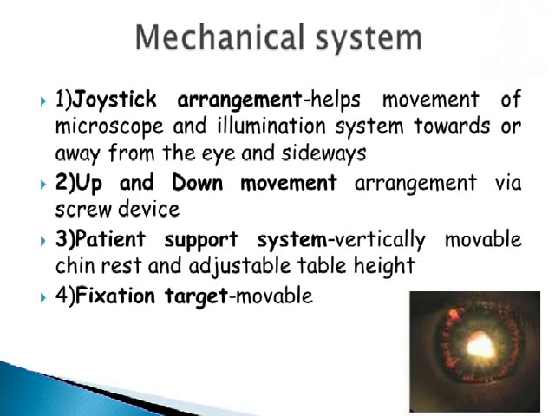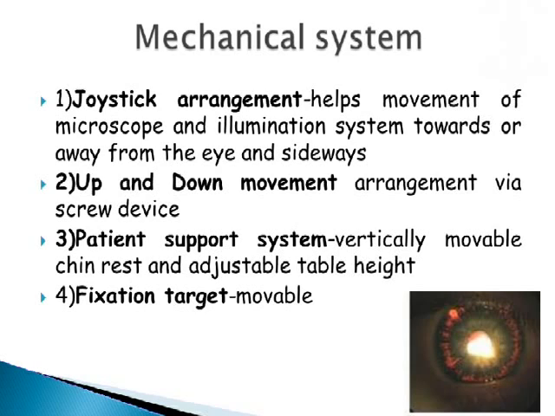That brings us to the last aspect of a slit lamp: the mechanical system. The mechanical system in a slit lamp is essentially the joystick arrangement at the bottom of the slit lamp, which helps movement of the microscope and the illumination system towards and away from the patient and also side to side. Then the up and down arrangement is again on the joystick, and it is used to rotate the top part of the joystick via a screw device.